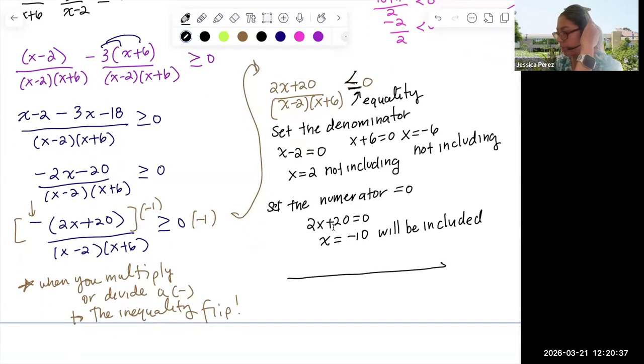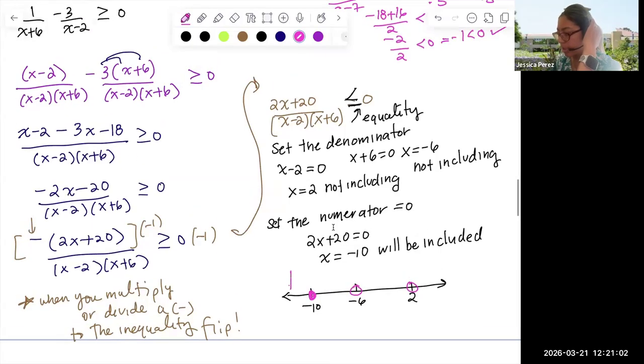So I'm going to do my intervals here. I'm going to have negative 10, negative 6, and positive 2, where only the one that's included will be negative 10. Negative 6 and 2 are not included because those are in my denominator. So take a few moments and go ahead and plug those in. Tell me what you guys get.